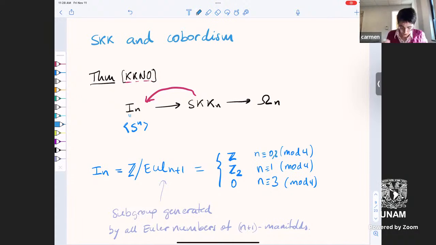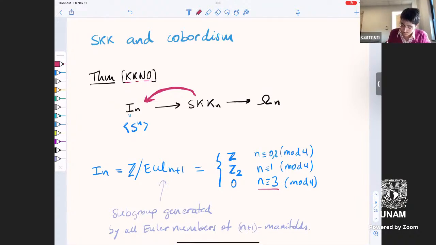Good. Well, one more thing I should say here before I move on to the next slide. There is the red arrow, which already appeared at the beginning. This sequence always splits. And that's one thing that I want to talk about in a second. Obviously, when you are in the 4k plus 3 situation, it's just trivial, the same group.